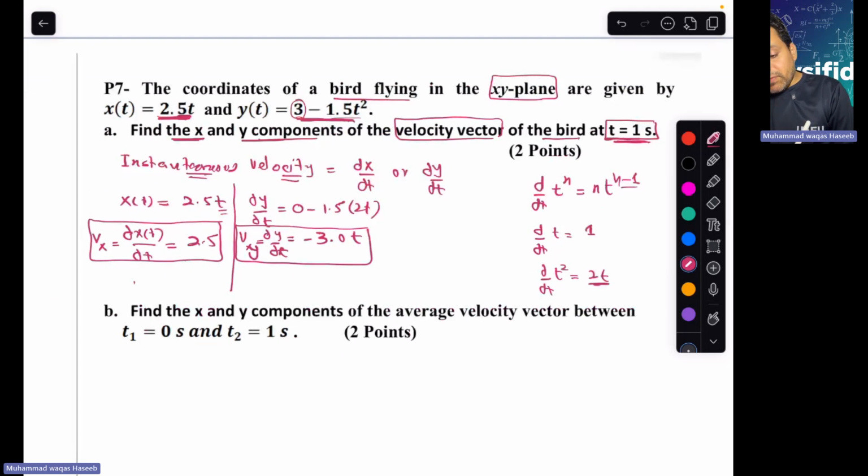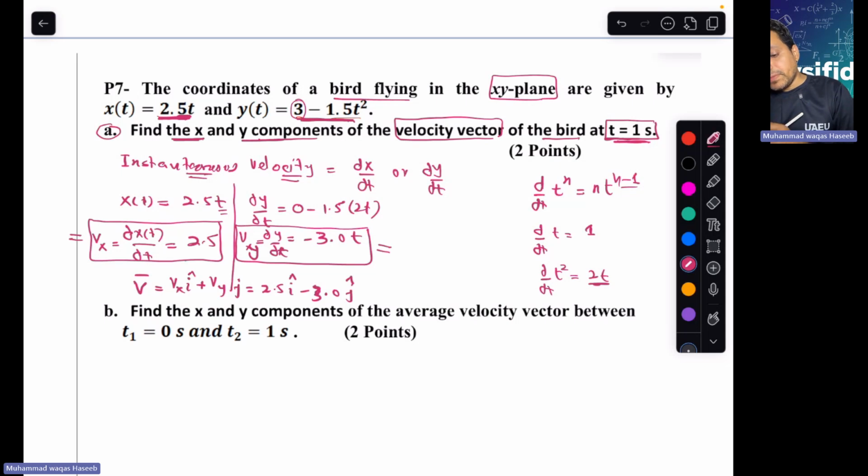So you can write the vector as vx i plus vy j, which looks like 2.5 along x and minus 3.0t along y. For part A, just solve this.